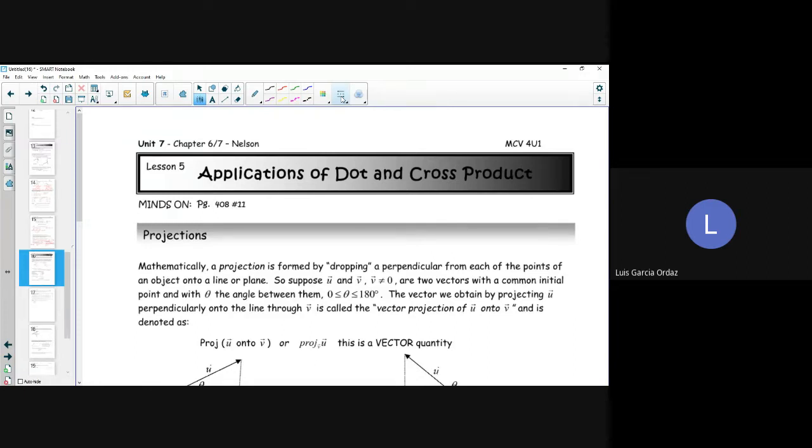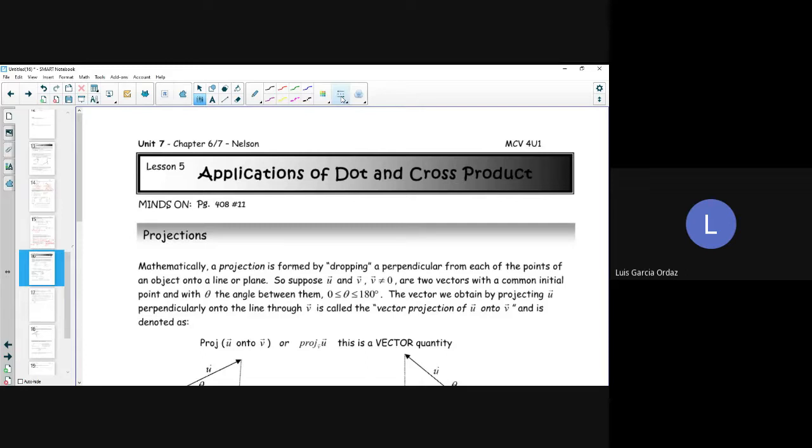So we're going to be talking about projections. Mathematically, a projection is formed by dropping a perpendicular from each of the points of an object onto a line or a plane. Suppose we have vectors u and v, where v cannot equal 0, with a common initial point, and theta, the angle between them, is between 0 and 180.